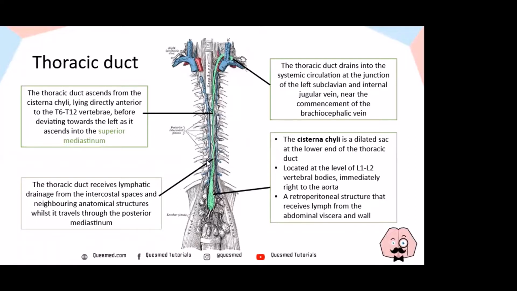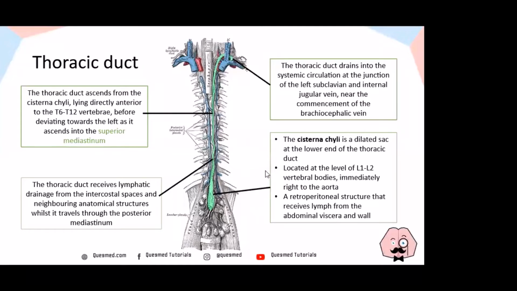As it goes up the chest, it tends to be slightly to the right, or directly anterior to the vertebral bodies. And about the T6 level, it then passes to the left before it goes into the left subclavian vein eventually.